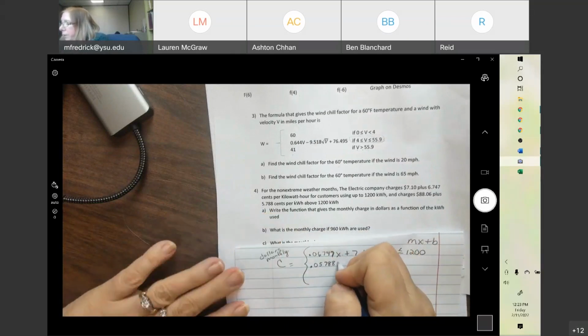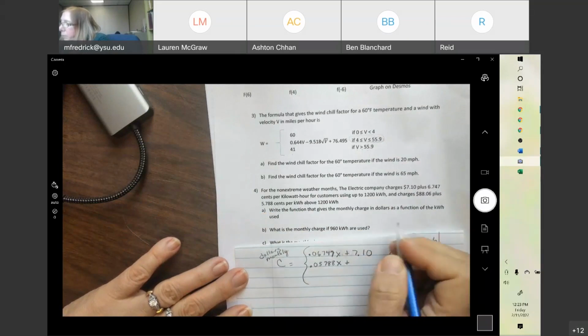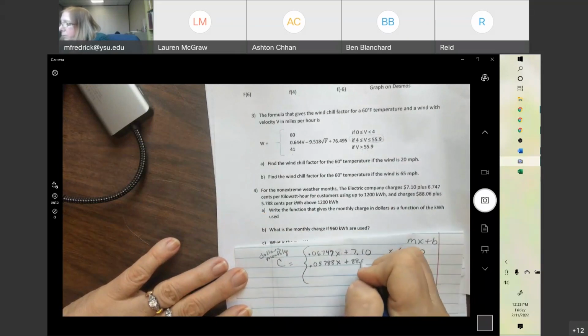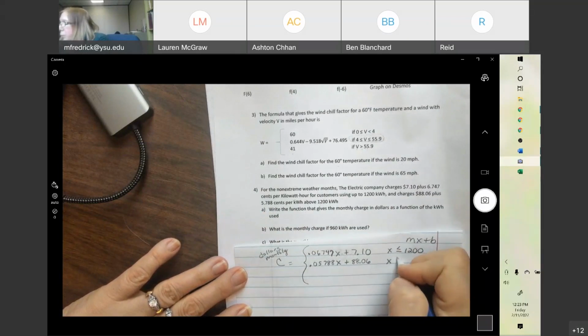It's per kilowatt hour, so it gets times our x, plus our fixed amount, which was the $88.06. This is when x is greater than 1200.